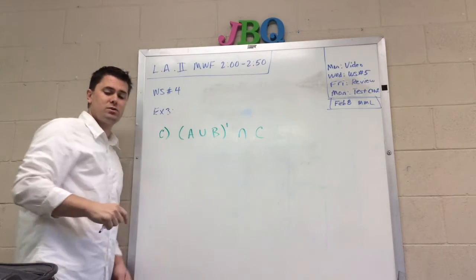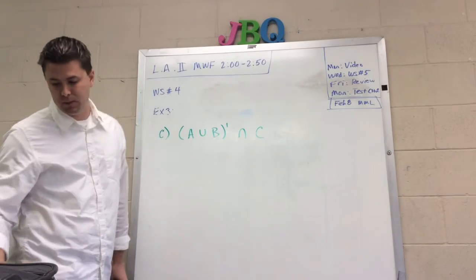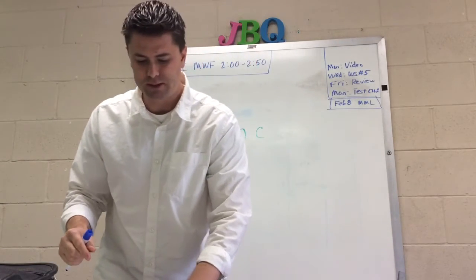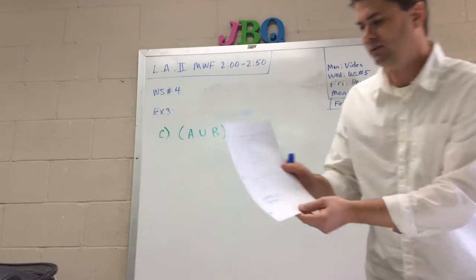Now this might be where the strategy of looking at your chart comes into play. If you take a look at your chart, and I'll try to hold this up here and see if we can make some sense of it like this.